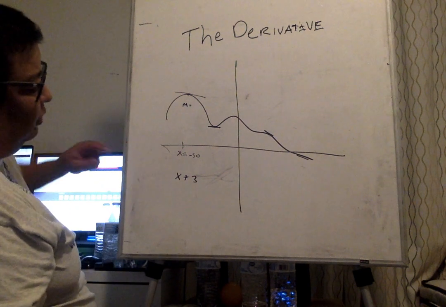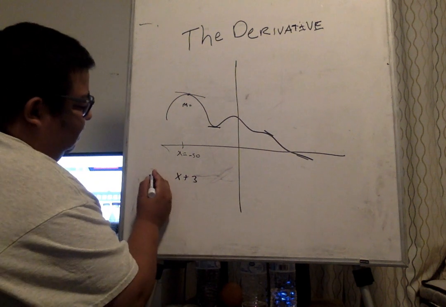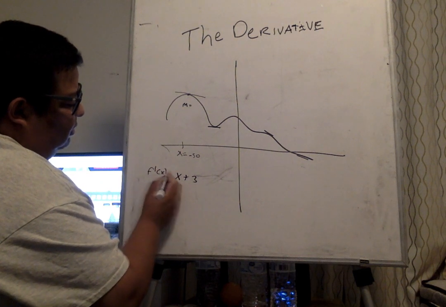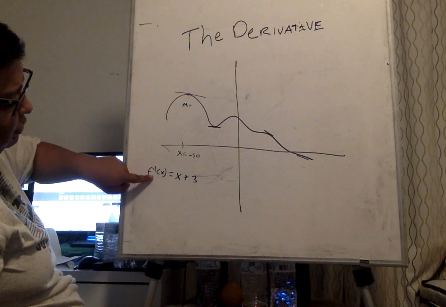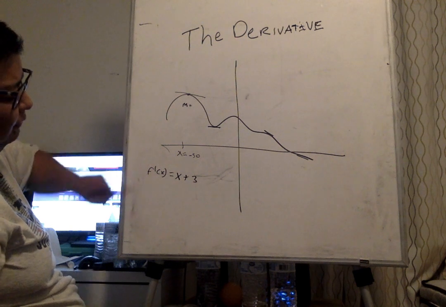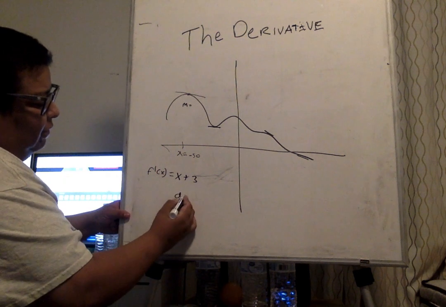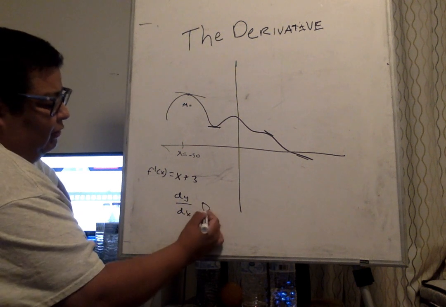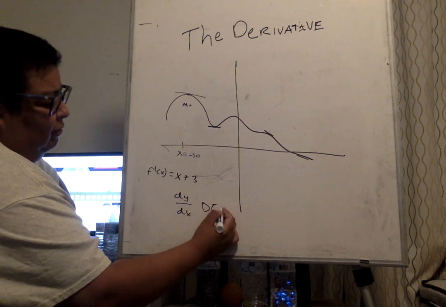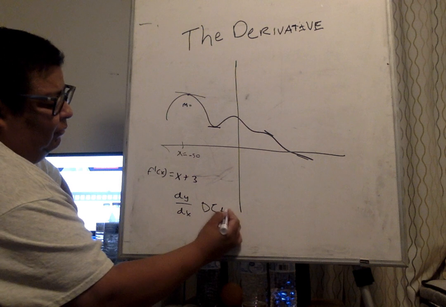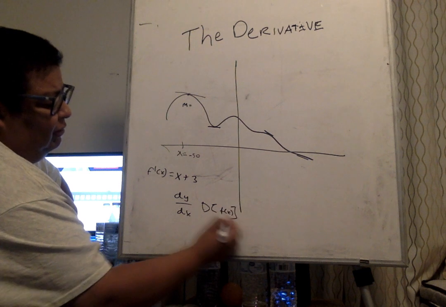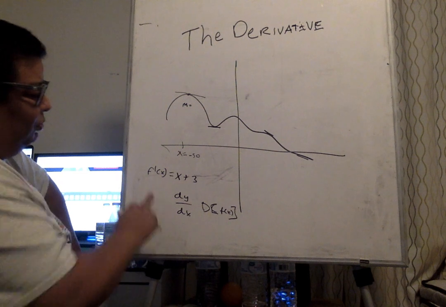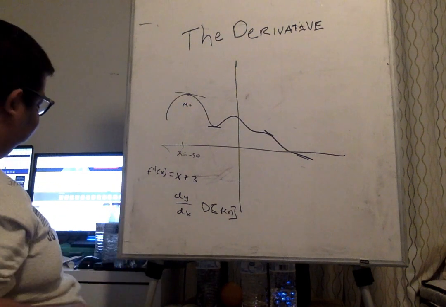Then the derivative is written like this: f prime of x. F prime is just a different way of saying derivative. We can also write dy/dx, or d/dx of f of x. There are different ways of writing the derivative, but most commonly it is like this.